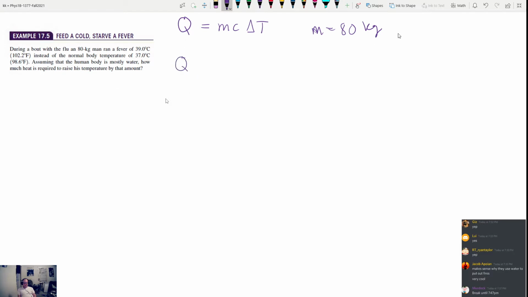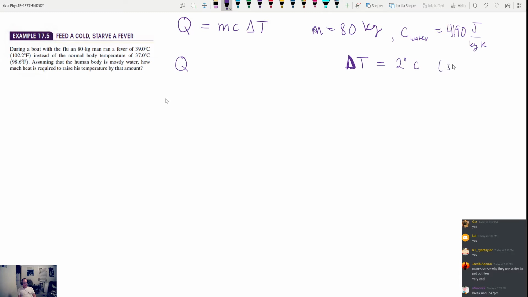The other piece of information that we're going to need is that the specific heat for water is about 4190 joules per kilogram Kelvin. And in this problem, we also know that the change in temperature, delta T, is going to be equal to 2 degrees Celsius, right?